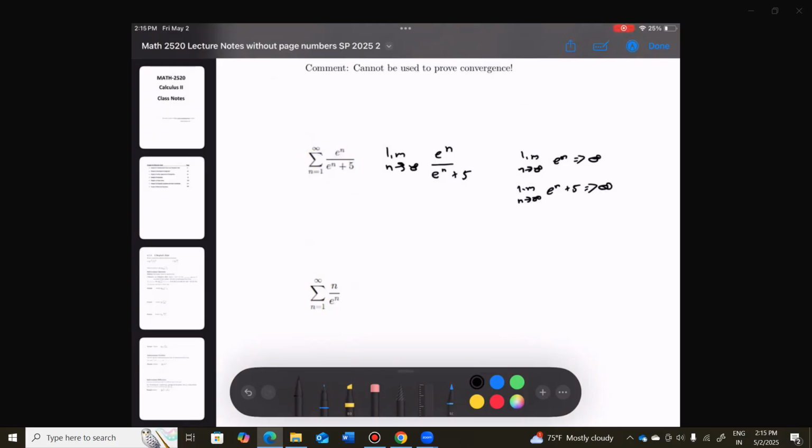And so this series does not have a limit that goes to 0. The series is divergent.